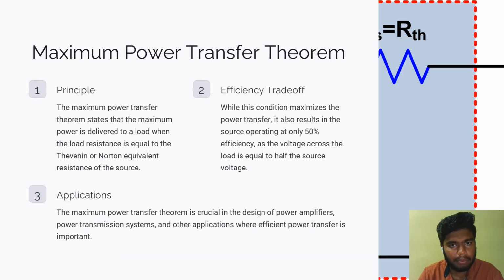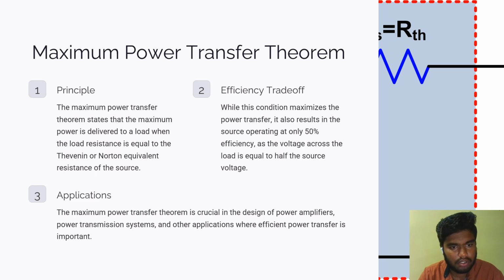Coming to the maximum power transfer theorem, this theorem states that the maximum power is delivered to a load when the load resistance is equal to the Thevenin's or Norton's equivalent resistance of the source. The efficiency trade-off is that while this condition maximizes the power transfer, it also results in the source operating at only 50% efficiency, as the voltage across the load is equal to half of the source voltage.